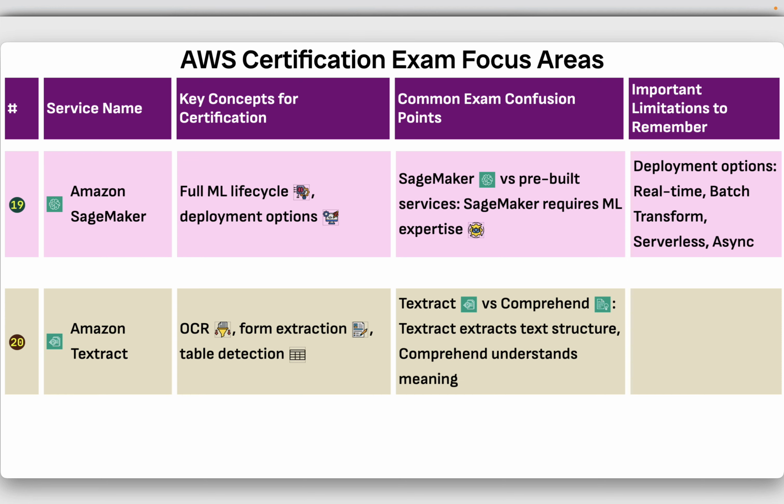Amazon Textract. So key concepts for certification is OCR, which is optical character recognition, and form extraction and table detection. Common exam confusion points is that Textract versus Comprehend. So Textract extracts the text structure, Comprehend understands the meaning.